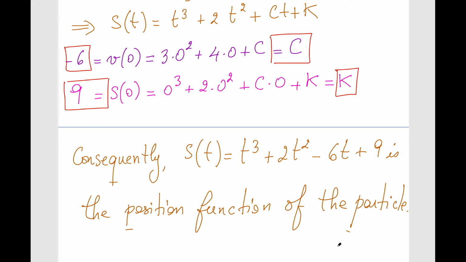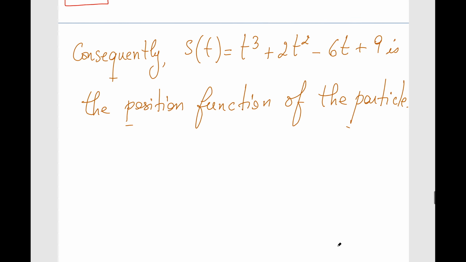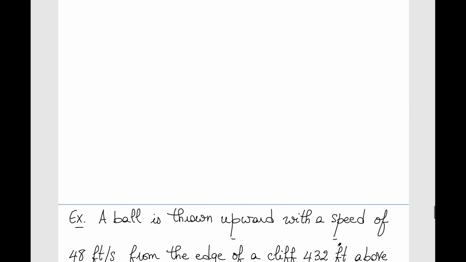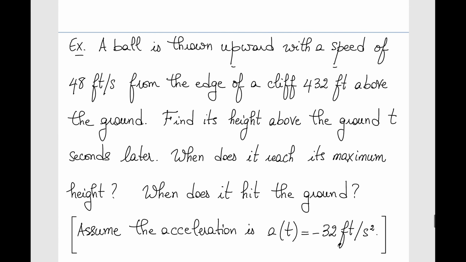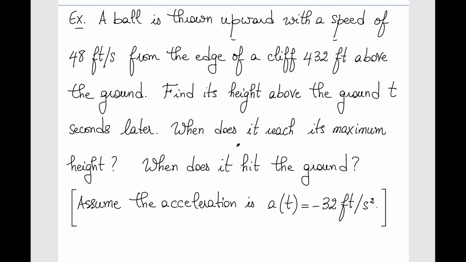All right? Okay. The last example, which I'm not going to do, I'm just going to leave as an exercise for you. Let's read it. A ball is thrown upward with a speed of 48 feet per second from the edge of a cliff, which is 432 feet above the ground.